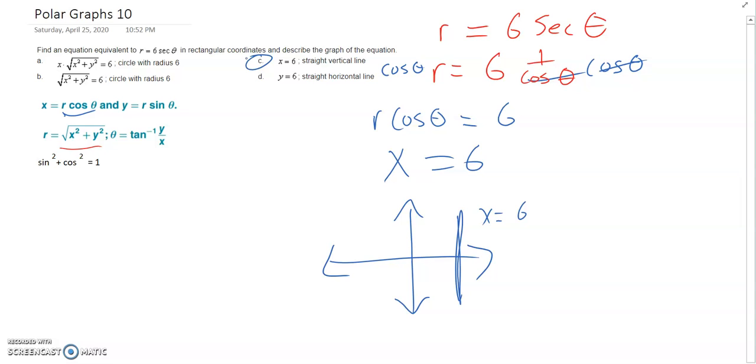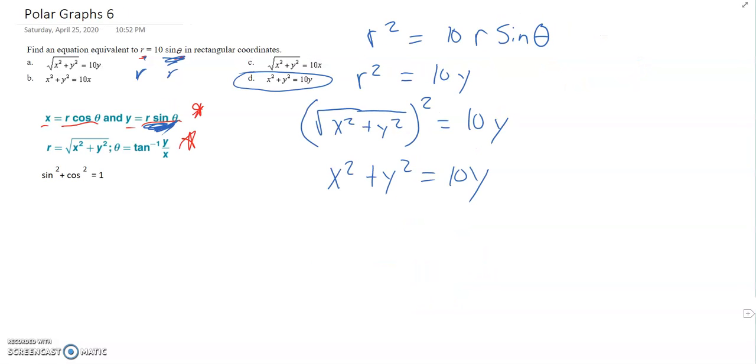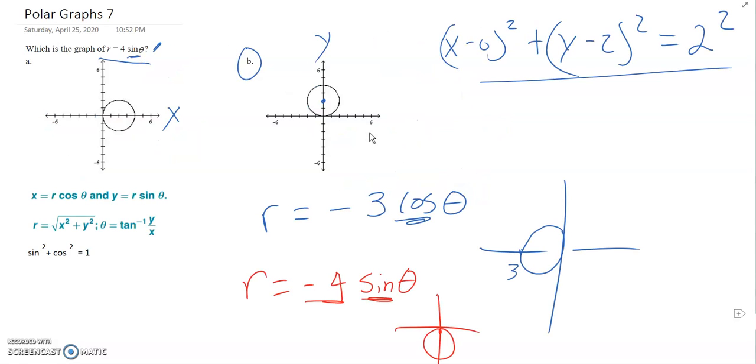All right. Looks like we do have some time to go back and look at question number 7. Let's talk about how we can actually convert this one into rectangular coordinates.